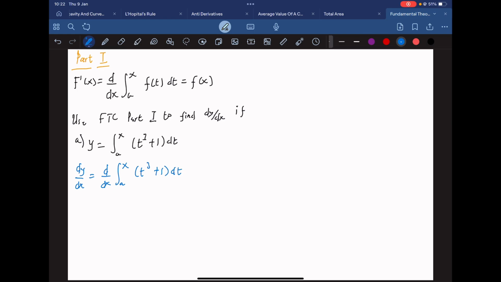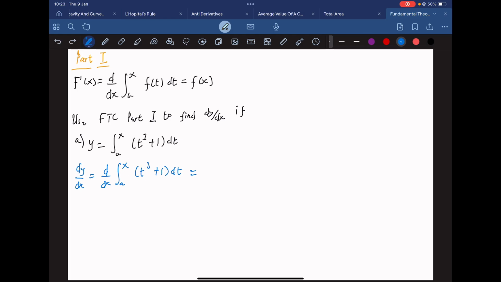What the theorem says is that if this is a constant and this is a variable, which is either x, y, p, whatever, if it's just a simple variable like that, then all that you can do is just replace this variable with what is over here.